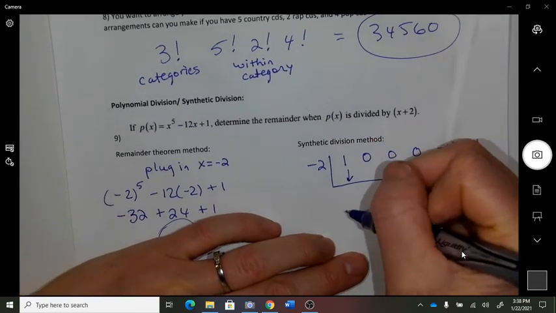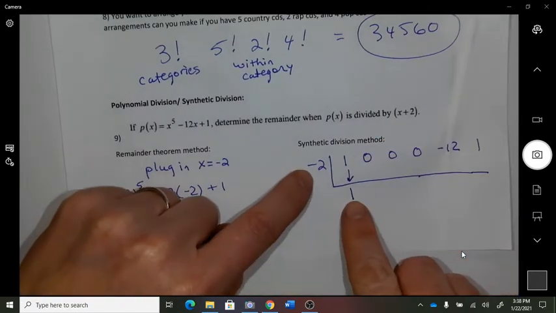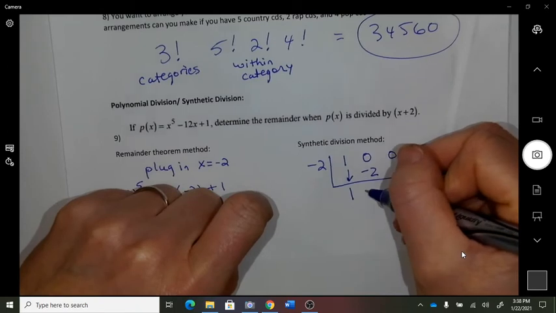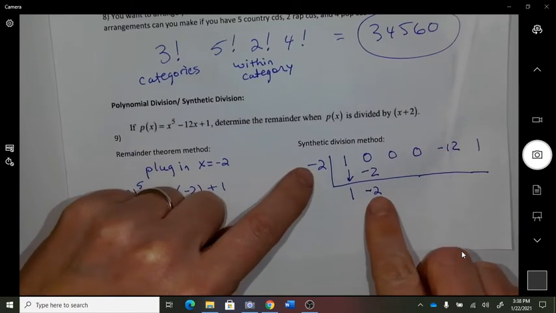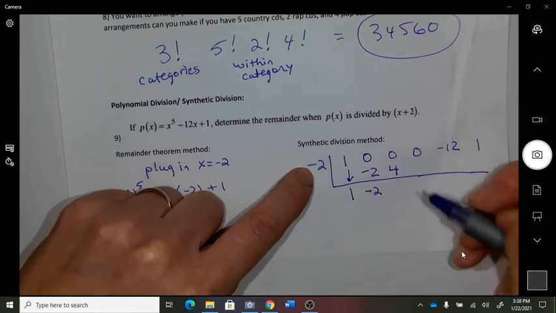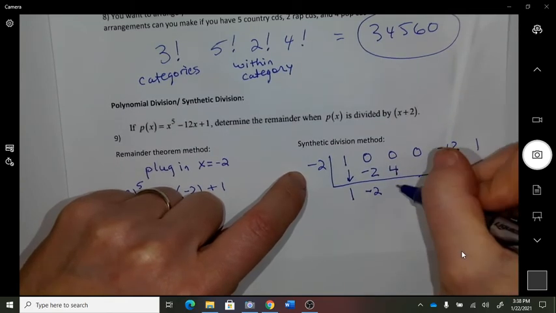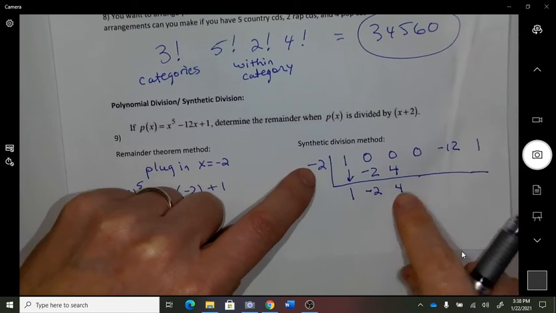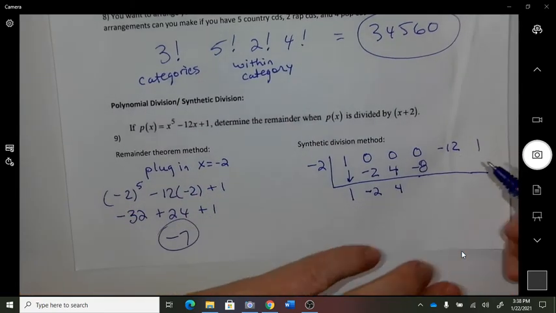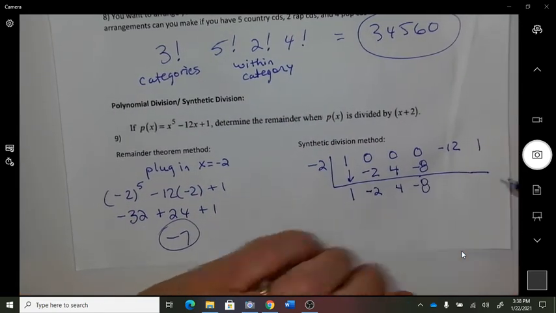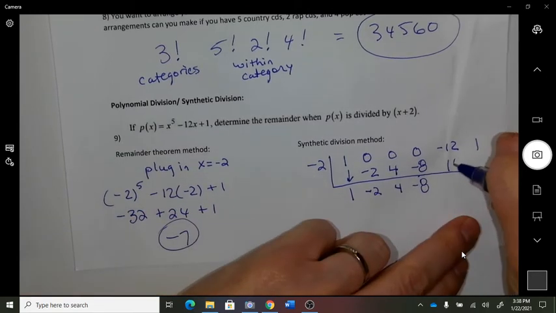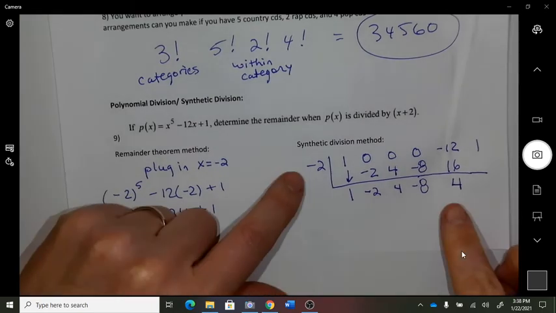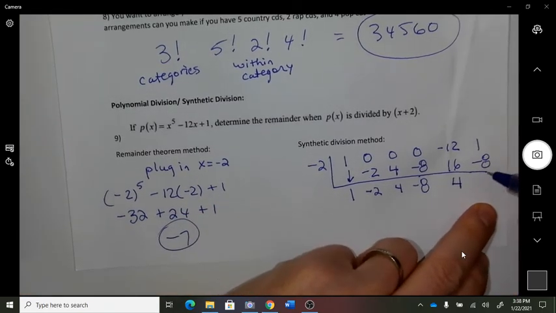Okay, so I pull that down, 1, multiply, -2, add. Multiply, 4, add, 4, multiply, add, multiply, add, multiply, add.